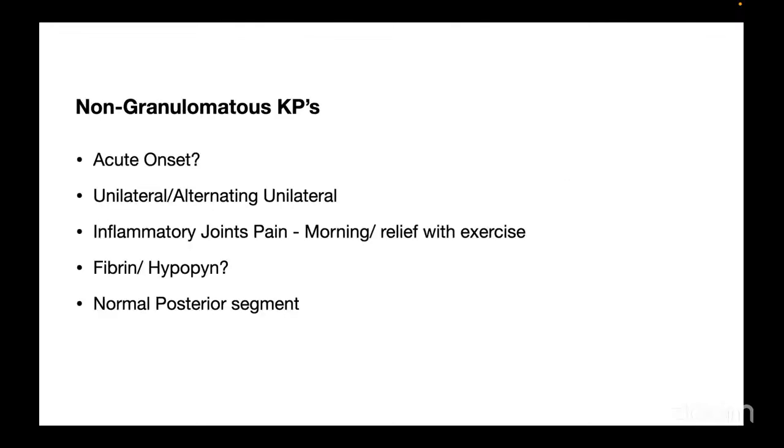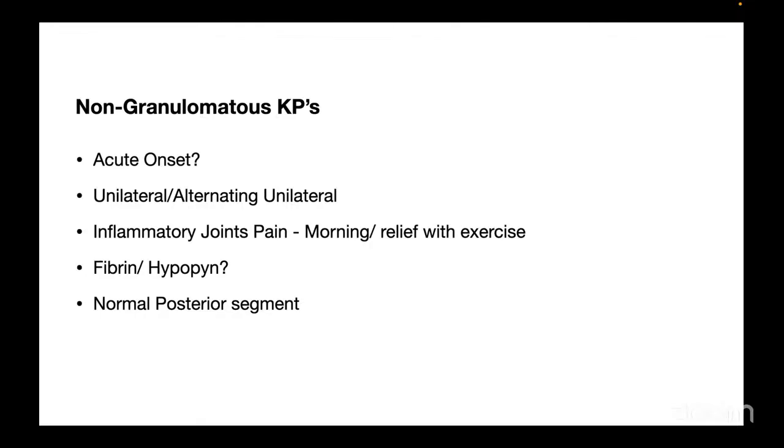Coming to non-granulomatous, these patients usually present with acute onset of uveitis. When the patient comes, you see non-granulomatous KPs, and you ask whether it is acute onset or not. Most patients have an acute onset of disease.